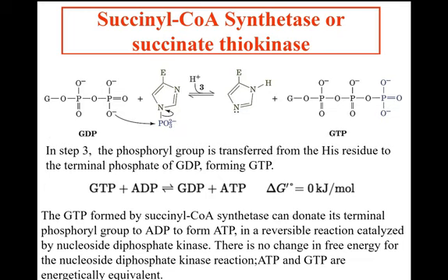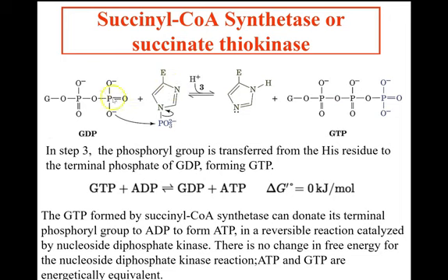And thus, when you have that GDP now, what that does is it gets that histidine to lose that phosphate group, because remember, as a catalyst, where it starts out is where it needs to end. And so we need to have that histidine residue being back into its original form, and this formed GTP.